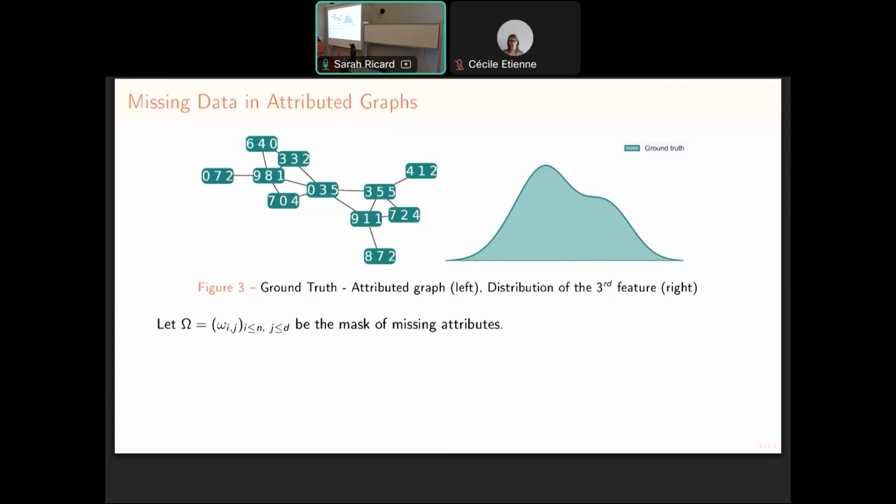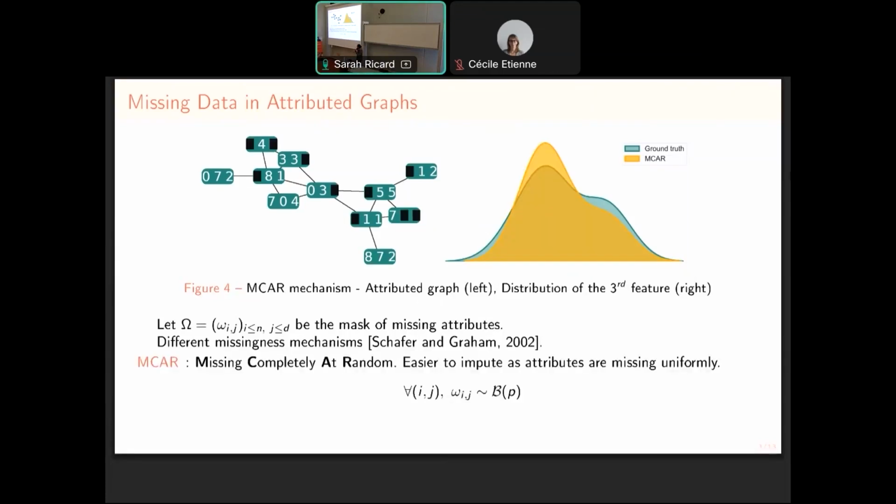We do that because we want to compare different missingness mechanisms. As we said, missing data can occur because of different reasons. One of them can be missing completely at random. That is because maybe we have an equipment that doesn't collect the data properly, and every other day we are missing some information that would be completely at random.